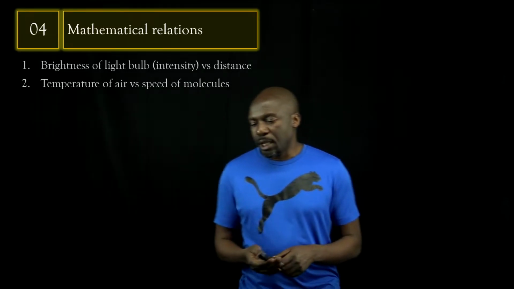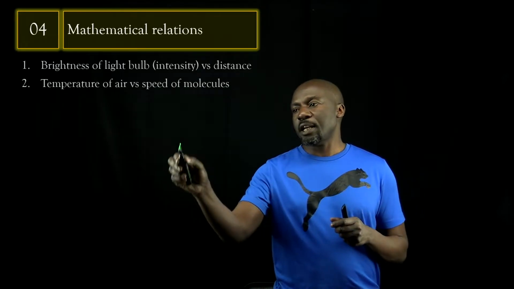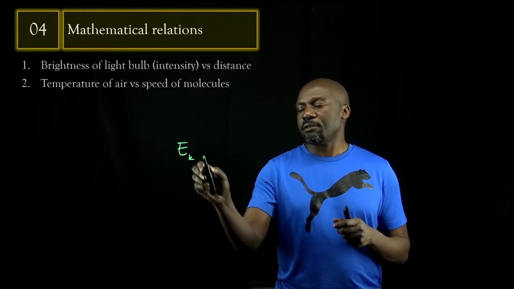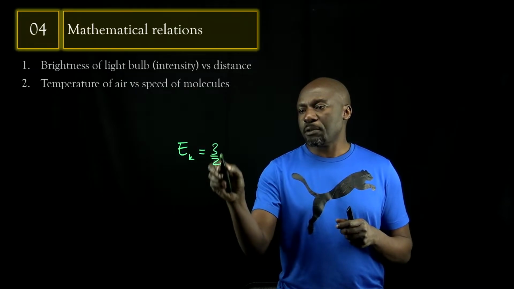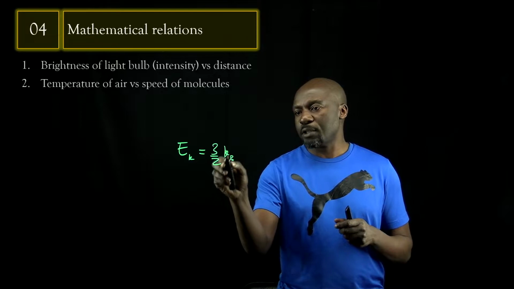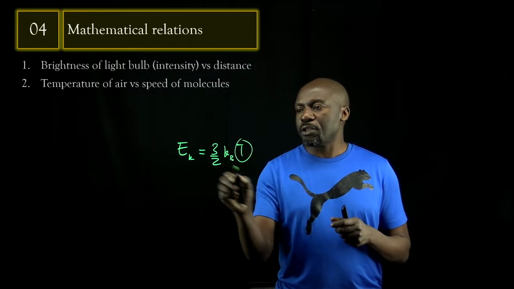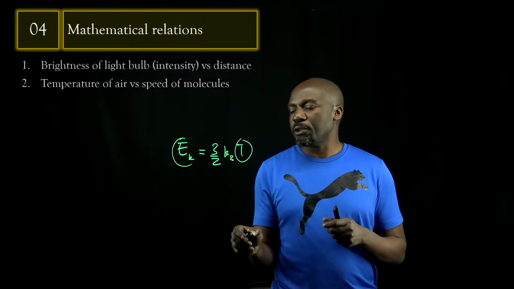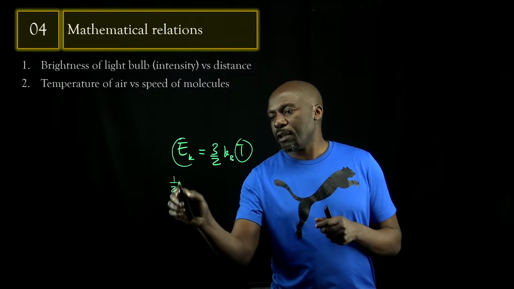This is what the kinetic theory is about. It says that the kinetic energy of a gas molecule is given by a constant, 3/2 k, where k is Boltzmann's constant, times T. That is to say, as you increase the temperature, the kinetic energy of the molecules increases. In terms of velocity, kinetic energy is 1/2 mv squared.